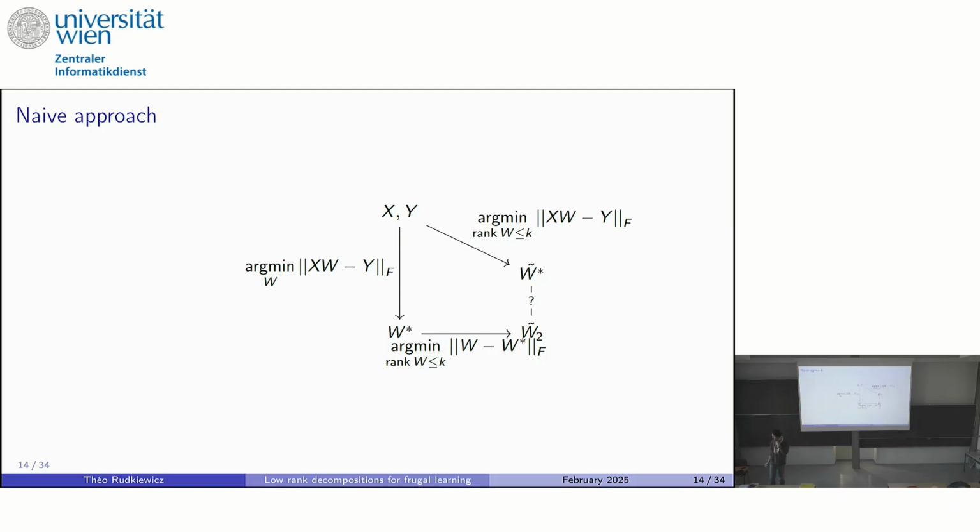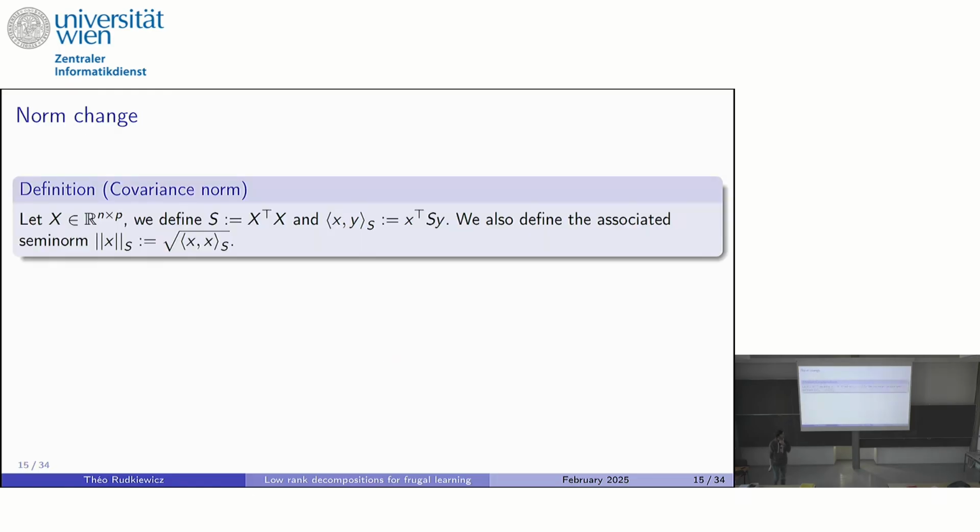So to solve this, we can use the covariance norm, or semi-norm. So we have input data X, and we define the covariance of X, and we have a quadratic form associated and a norm.